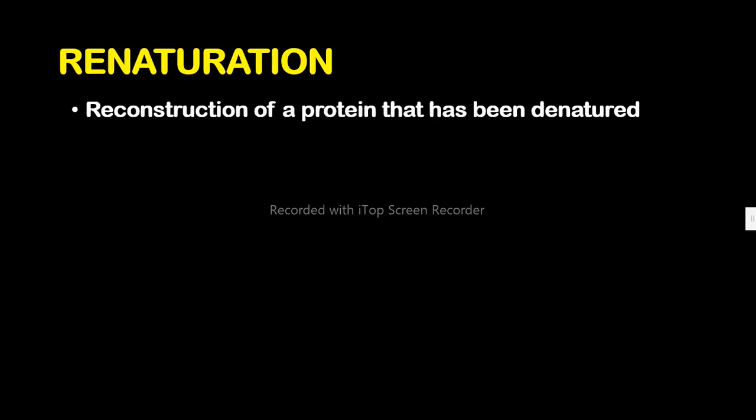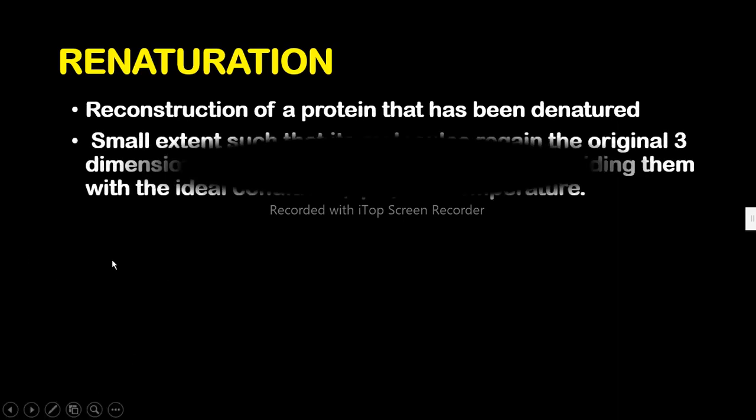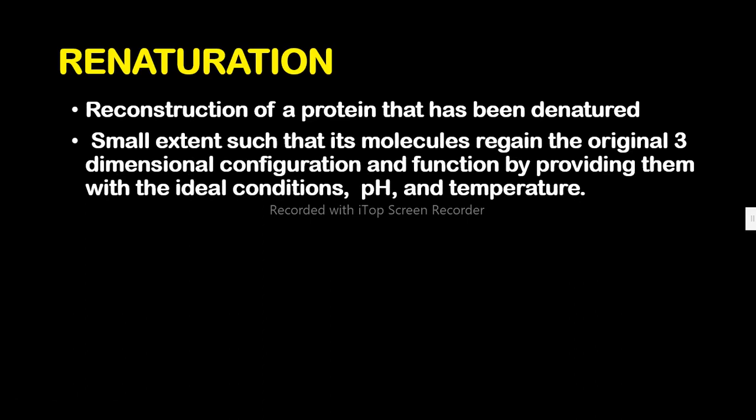Then with renaturation, here you are forming back the 3D structure of a protein after denaturation. However, like I told you, the degree of denaturation matters, and the factor that has been involved in denaturing that protein also matters a lot.